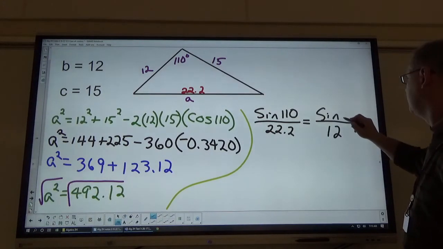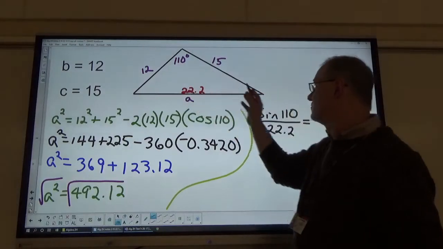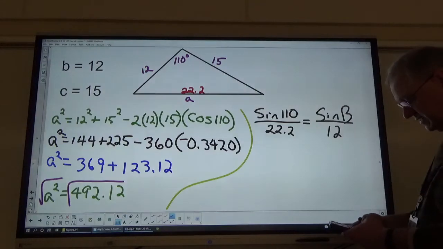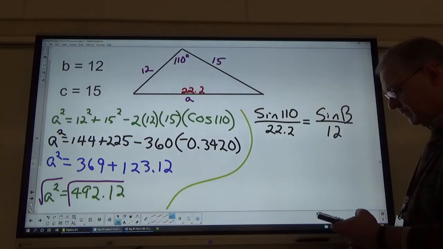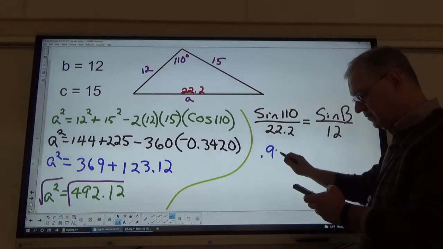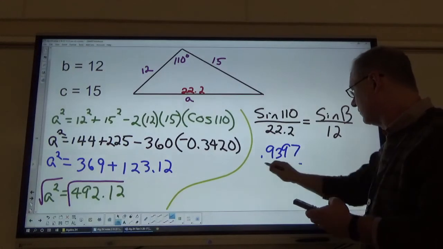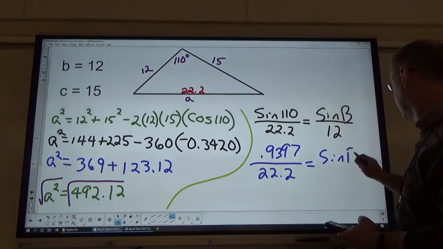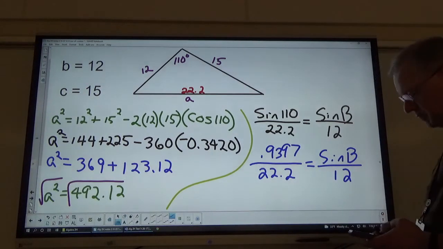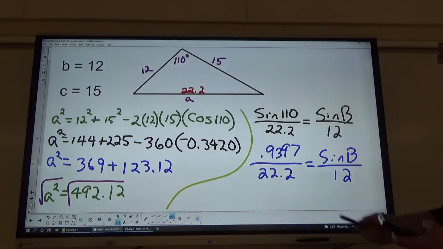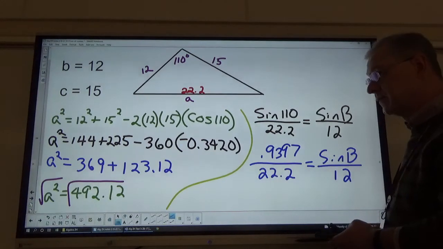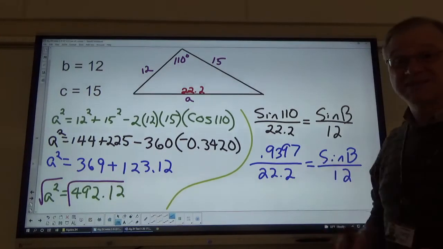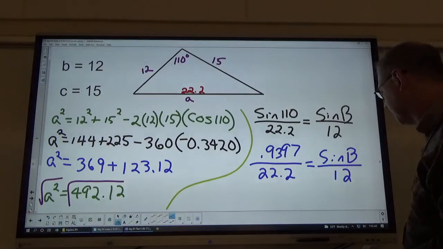Let's call that B, because that is across from side B, angle B. And sine of 110 is 0.9397 when I round it. Now remember, 180 minus 110 would be 70, and if we did sine of 70, we get the same value, and that's what I was talking about before.